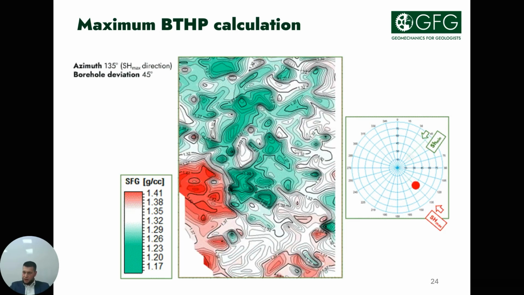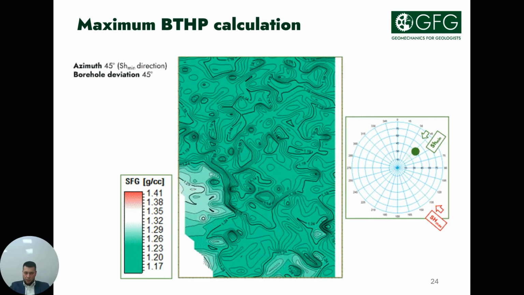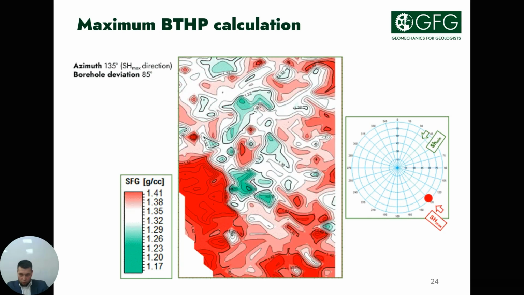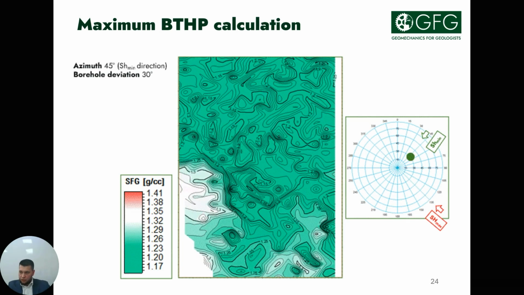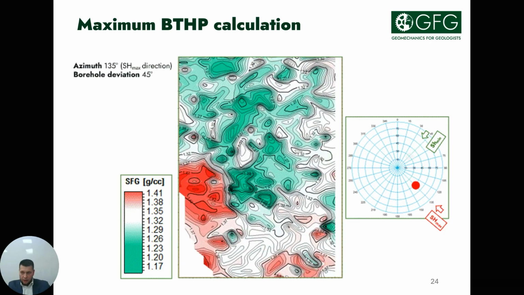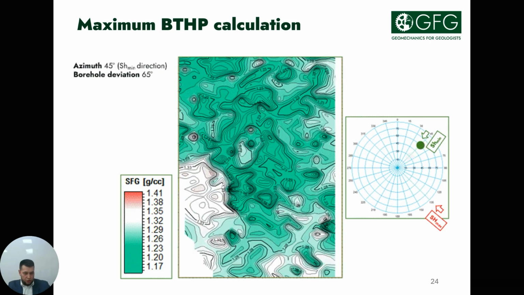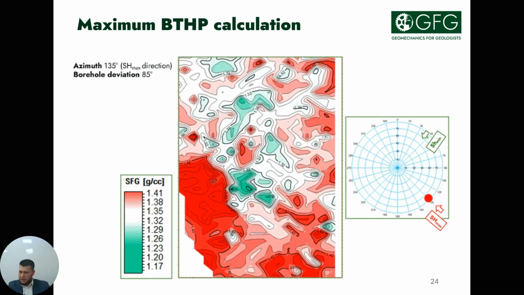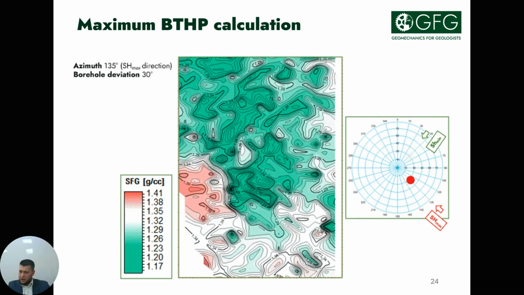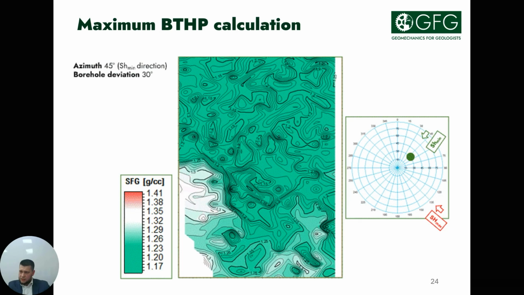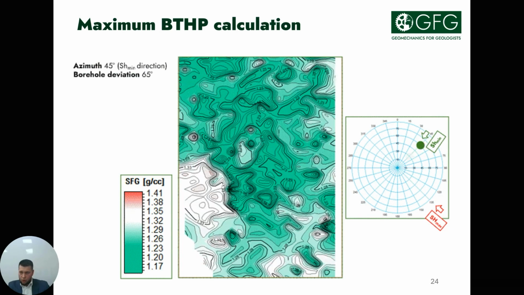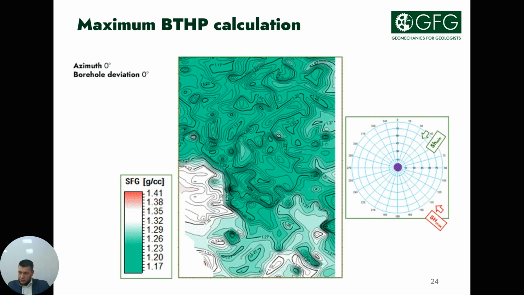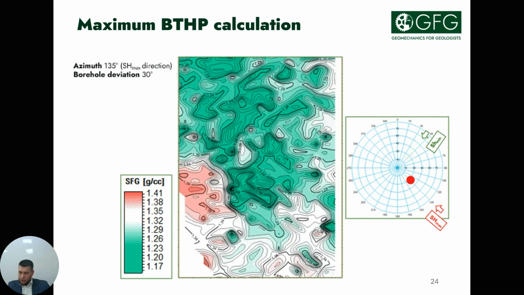The 3D geomechanical model allows calculating the maximum allowable bottom hole pressure to avoid sand production for any arbitrarily oriented well trajectory. This slide shows change in maps for different azimuth and wellbore deviation, from azimuth 0 and deviation 0 to azimuth 180 and deviation 90.